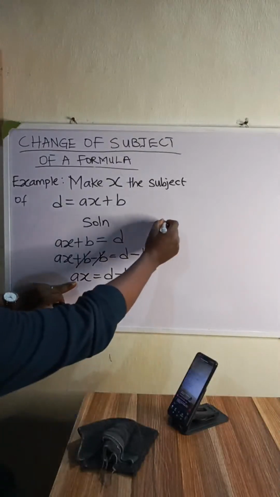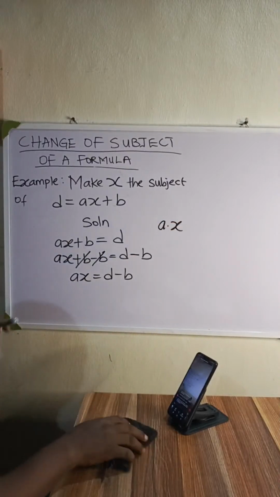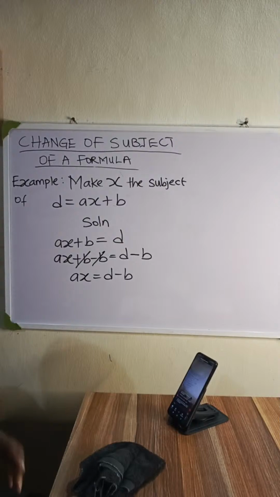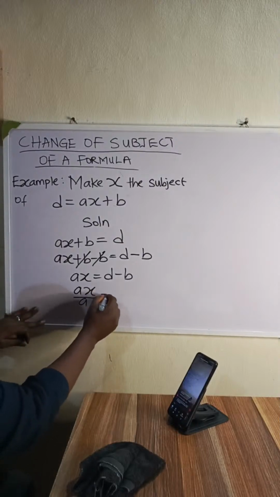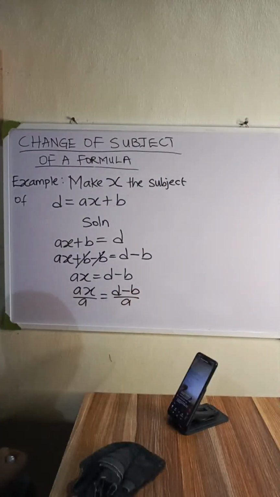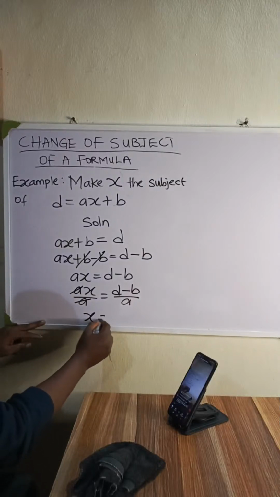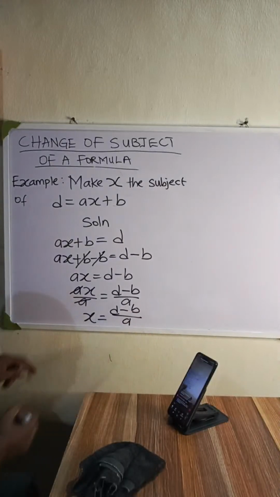AX is the same thing as A times X. So for us to eliminate A, we have to introduce the opposite of times A, which is divided by A. So we have AX divided by A is equal to D minus B divided by A. So A is going to cancel out A. X is equal to D minus B all over A. And that becomes our final answer.